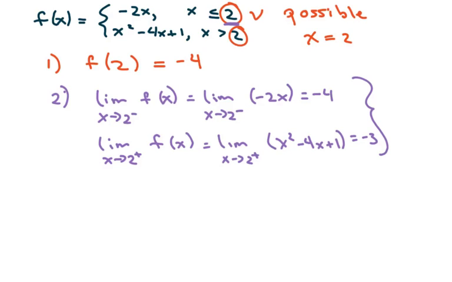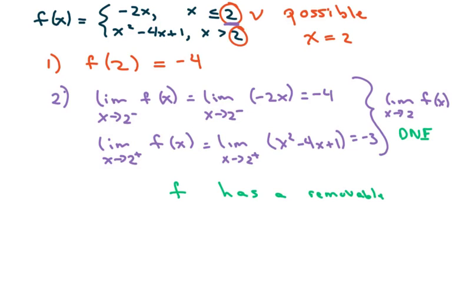Since these limits, the right side and the left side, don't match, the limit as x approaches 2 in general of f of x does not exist. Therefore, f has a removable discontinuity at x equals 2, right here.